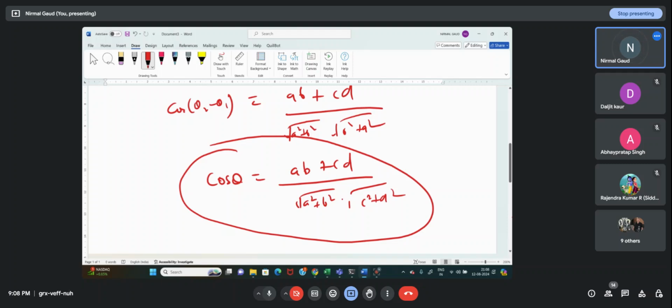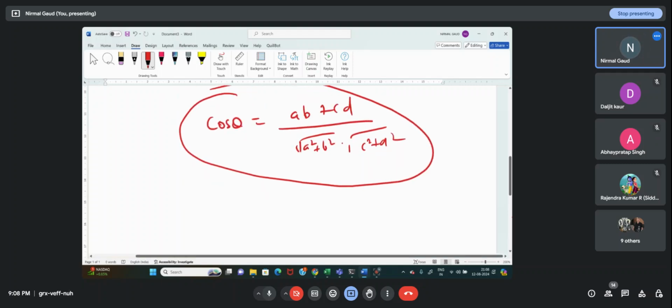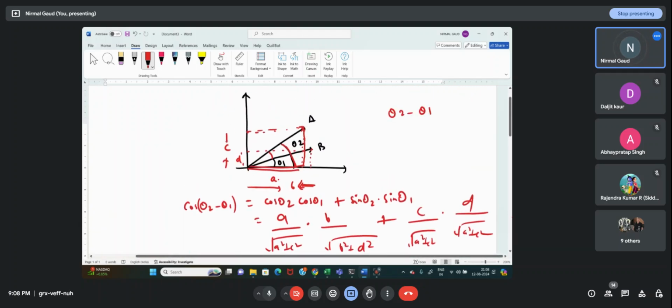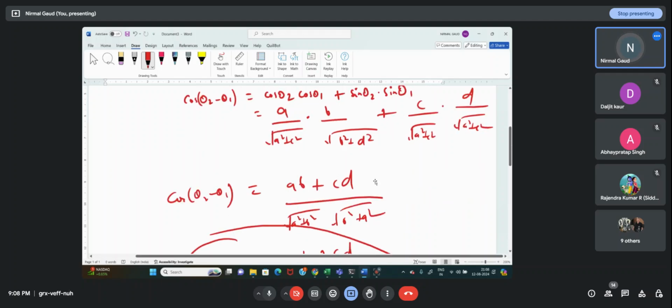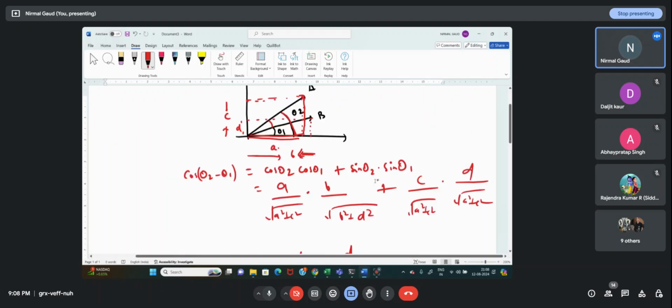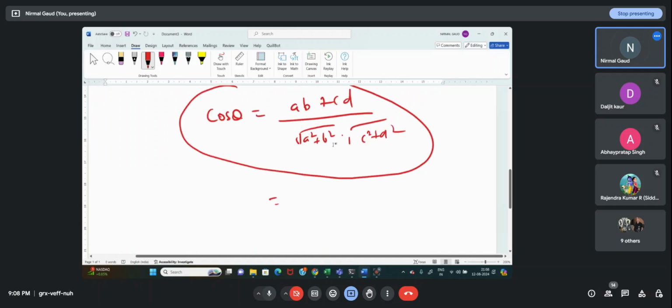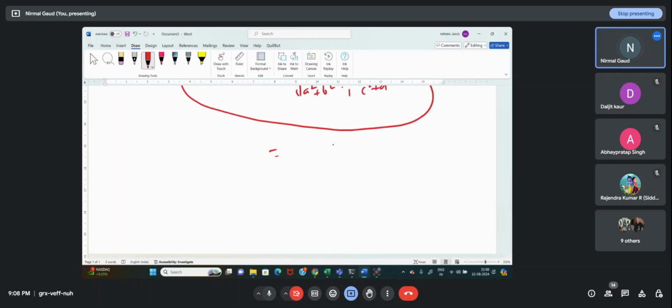And if you check properly, ab plus cd is the dot product of these two vectors. Remember, ab plus cd is the dot product of vector A and vector B. This is A vector dot B vector.